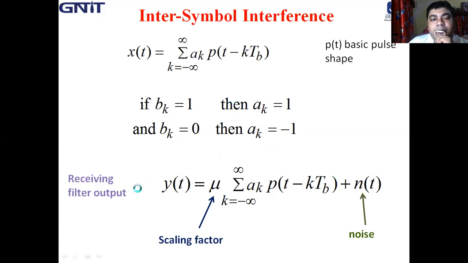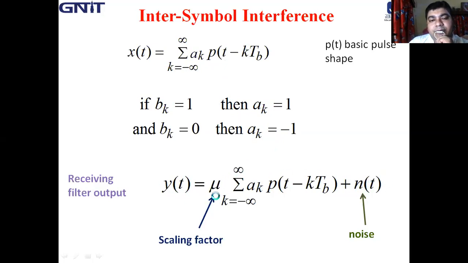And the output from the receiving filter is y(t) equal to this signal multiplied by mu, plus n(t).